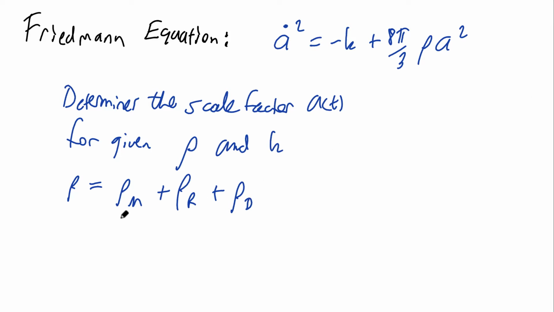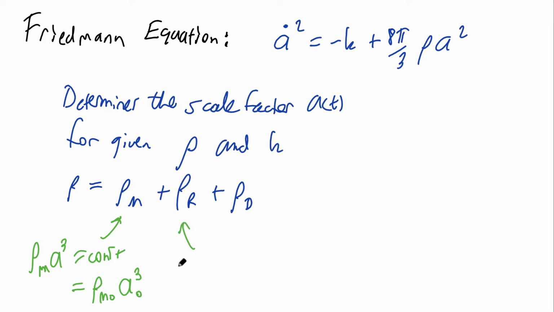And recall rho sub m satisfies rho sub m times a cubed is a constant. Now we can evaluate this constant by evaluating rho sub m and a at the present time. So if we use a subscript 0 to denote quantities at the current time, this is rho sub m0 times a sub 0 cubed.